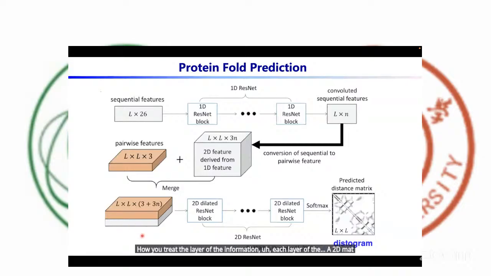Essentially, there's this multi-channel 2D CNN model which you can apply to eventually derive the true distance among the alpha carbons, to succeed in generating the protein folding structure.